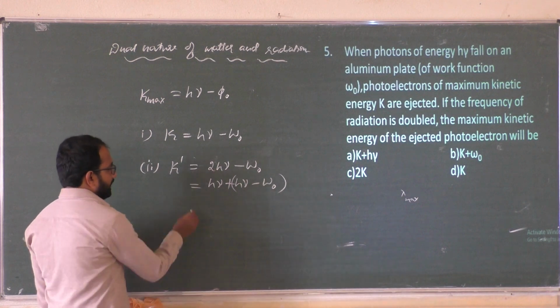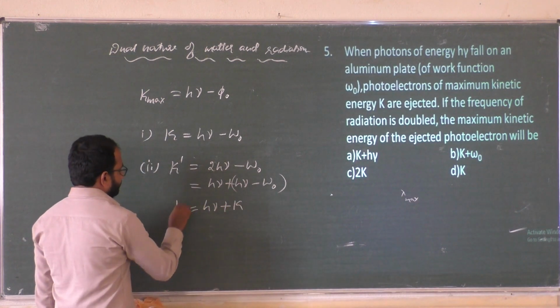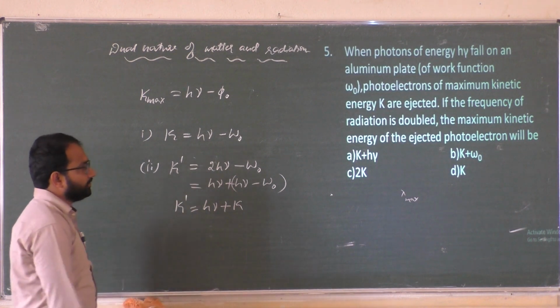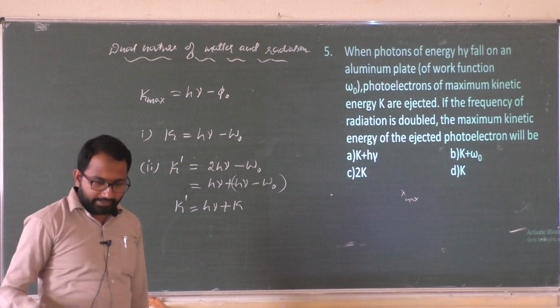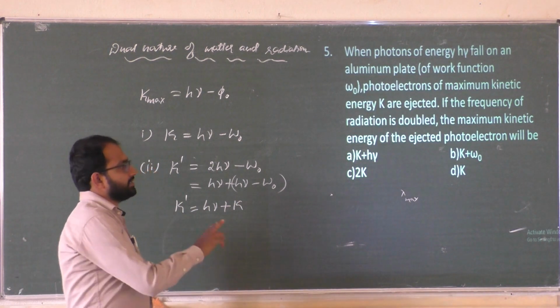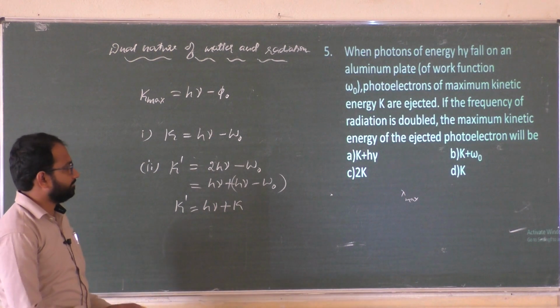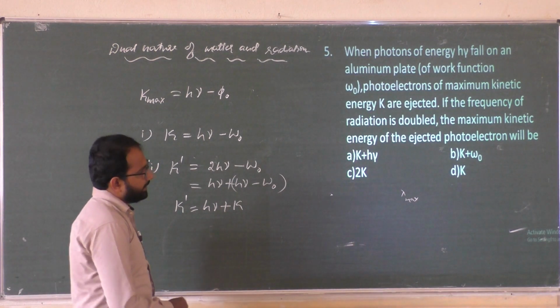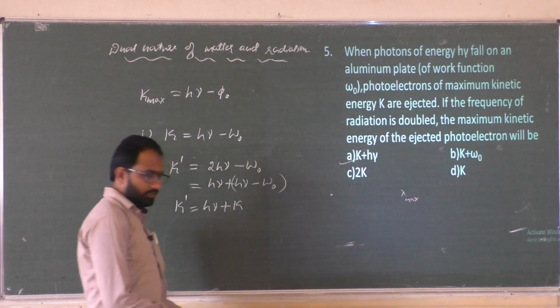It is equal to K, therefore this is equal to h nu plus K. This is the new maximum kinetic energy of emitted photoelectrons if the frequency is made twice the initial value. So the correct option is the first one, K plus h nu.